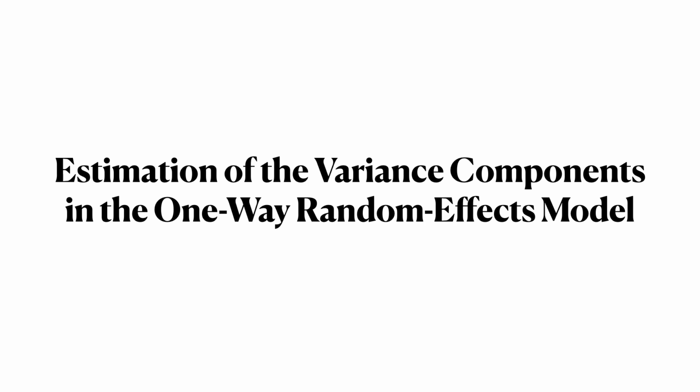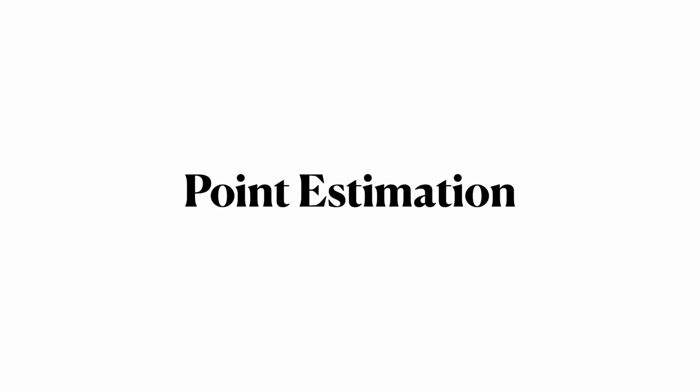Next, we're going to look at estimation of the variance components in the one-way random effects model. Let's first look at estimation of the model error variance. We'll first obtain a point estimate.